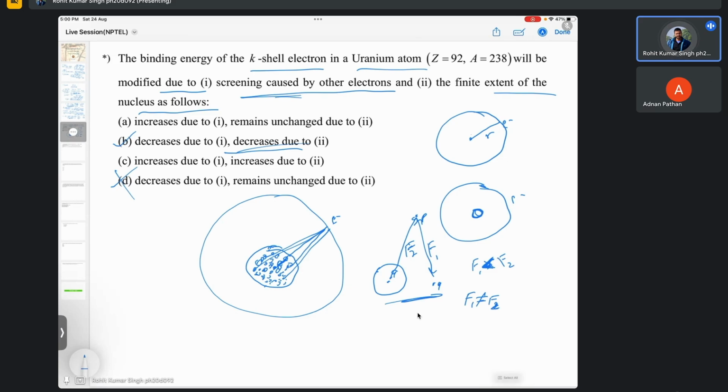So yeah, maybe because of a charged sphere, this relation can also change, right? F2 greater than F1. What happens if we keep the sphere dimension constant but keep increasing the charge density?